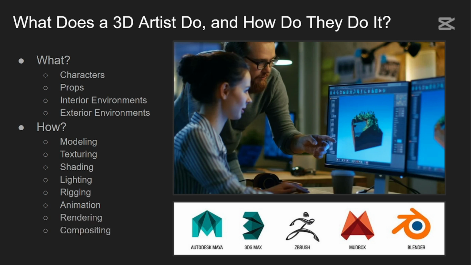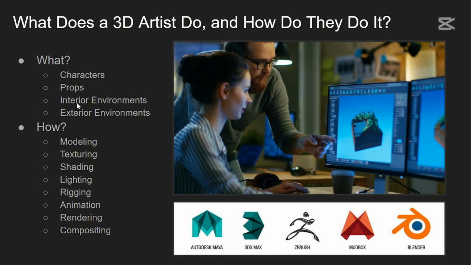Animating, rendering, compositing. In fact, Blender has developed so much that it's got a built-in video editor and a built-in image editor and all this other kind of crazy stuff. So really, you can do virtually everything you need to make a movie in Blender without ever leaving Blender, although most people use other tools to support it.